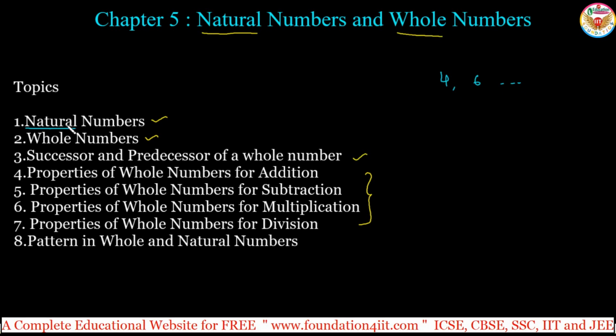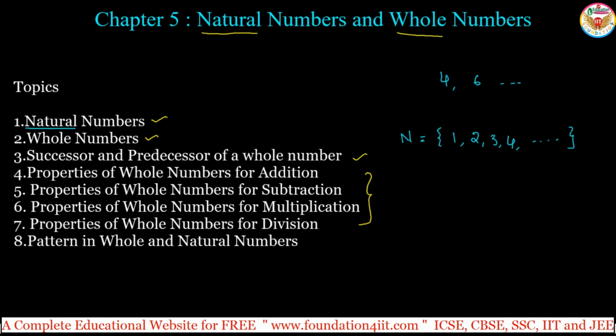We can call them counting numbers also, because to count any group we have to start with 1. If you want to count the number of students in your class, you have to count with number 1. So 1, 2, 3, 4, and so on. This number system is the natural numbers. These are the numbers used for counting purposes.